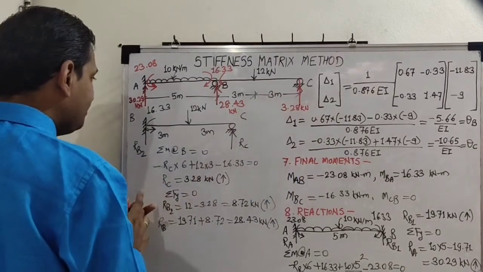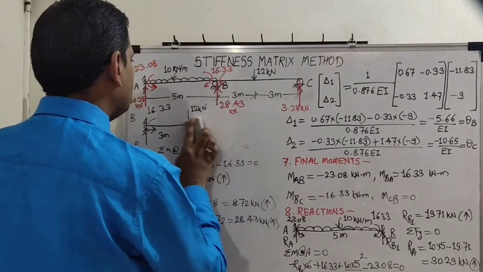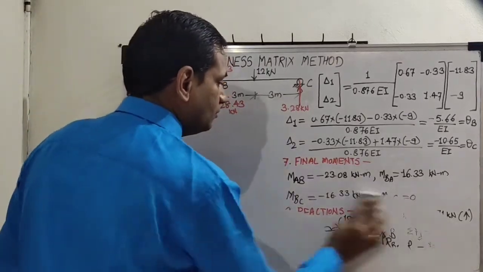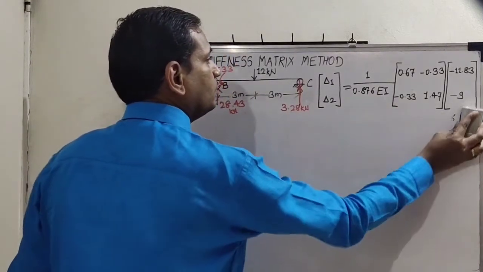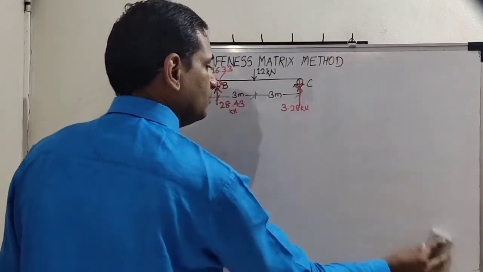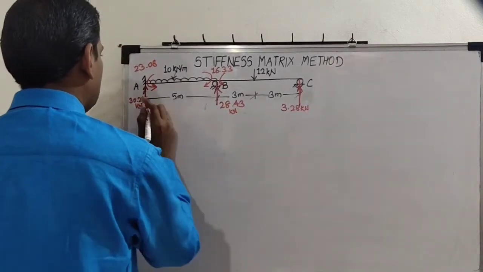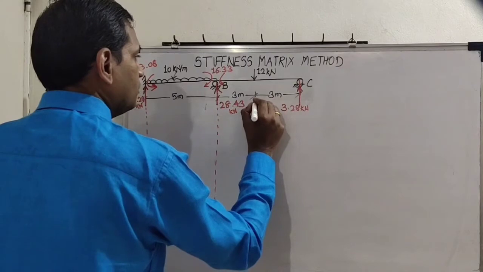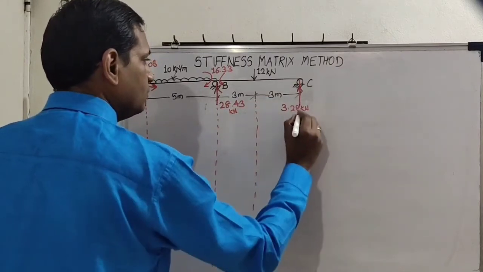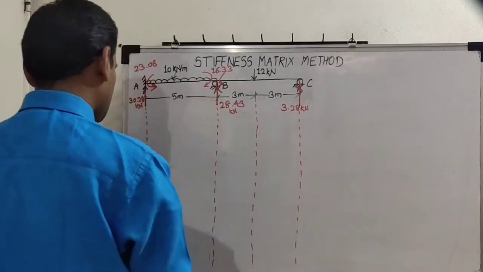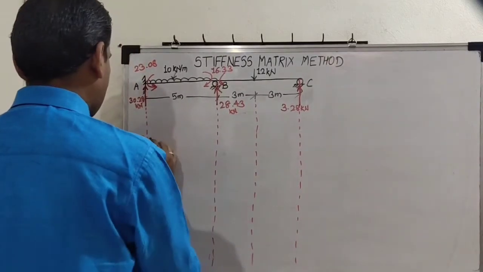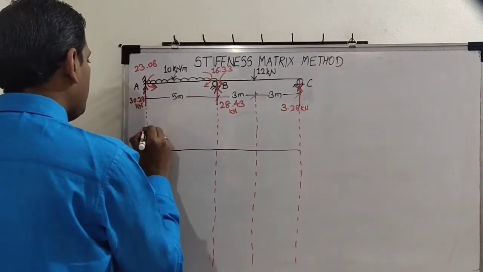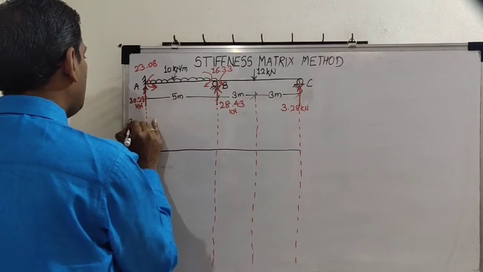Now we shall draw the shear force diagram. So here 30.29 is the shear force, 30.29.